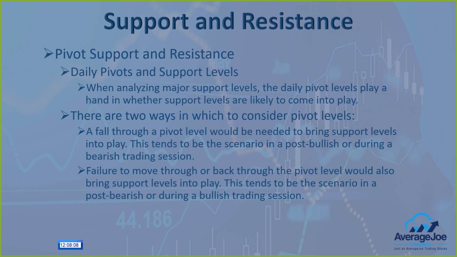This tends to be the scenario after a bullish run, or when the bears are in control. Failure to move through or back through the pivot level will bring support levels into play. That means the buyers are overtaking the sellers and they're looking to buy off that level, and that's going to be a support level.